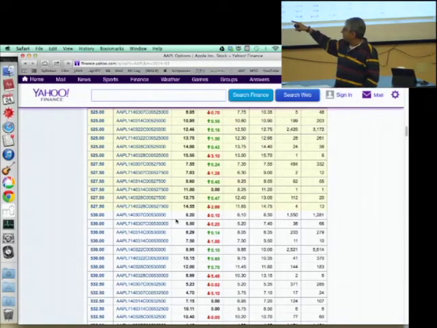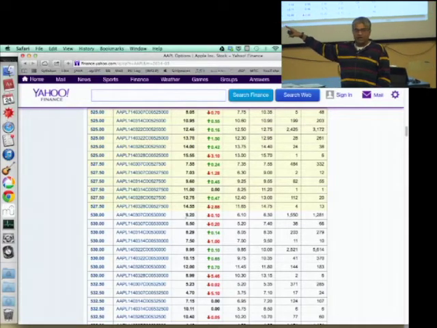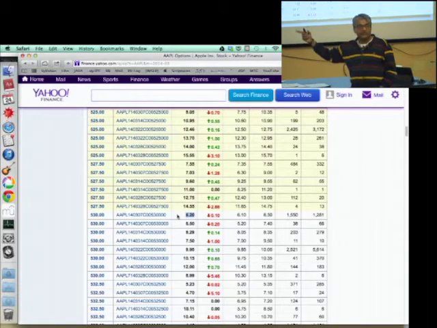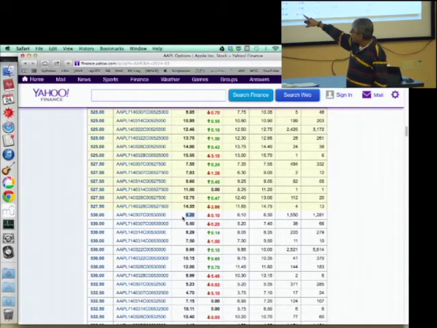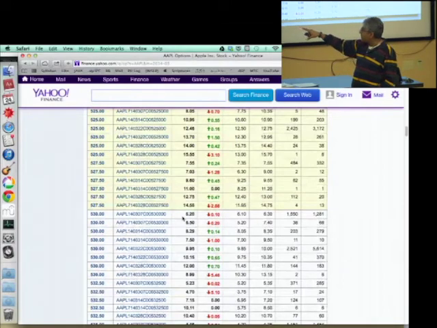And look at the prices. 620 is the price, $6.20 for a $530 strike option. So for 100 shares, it'll cost you $620 with that strike. And it has 1,281 contracts outstanding currently. But look at the 530.